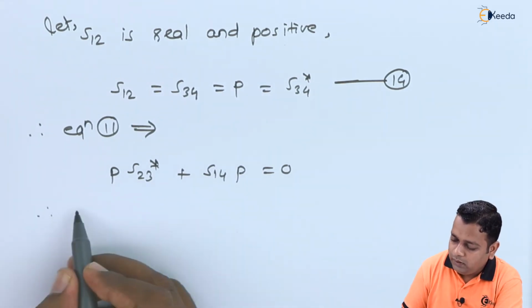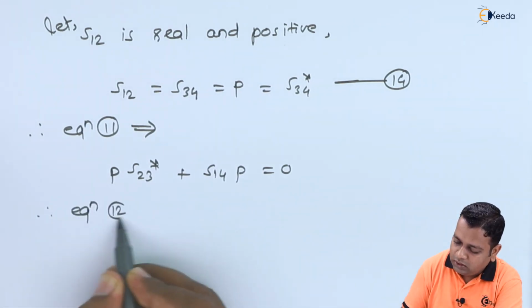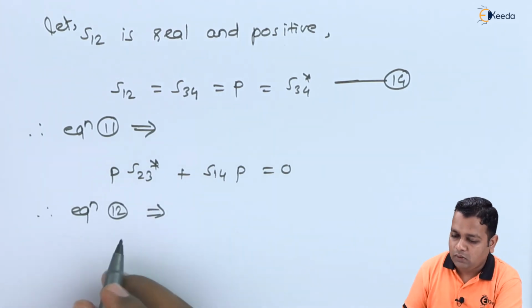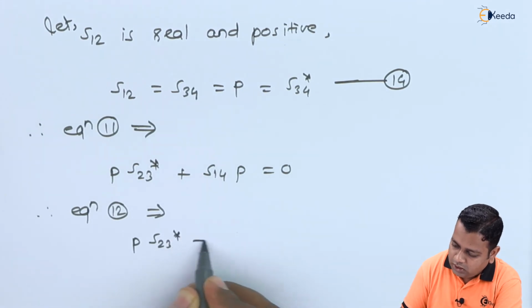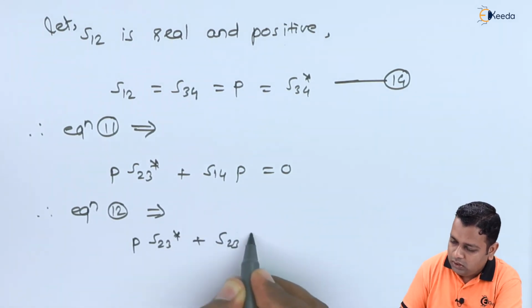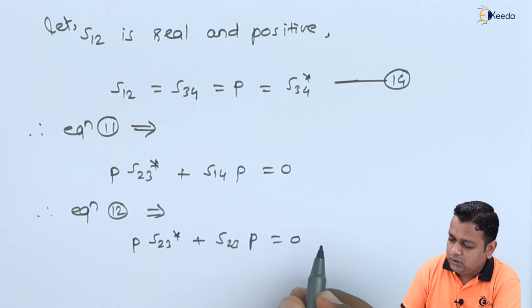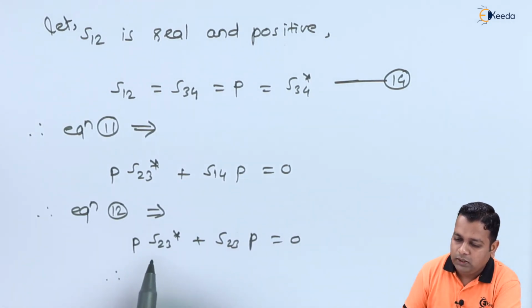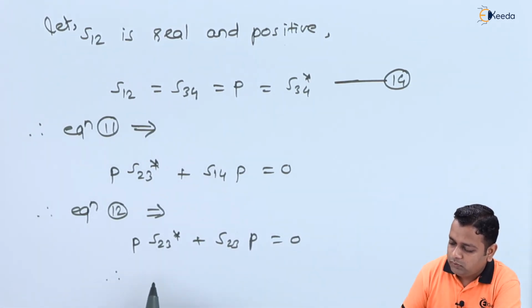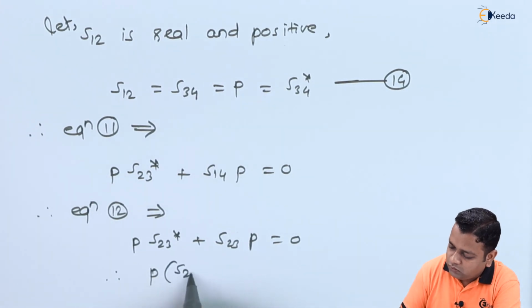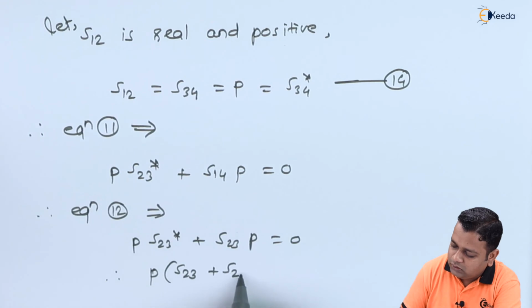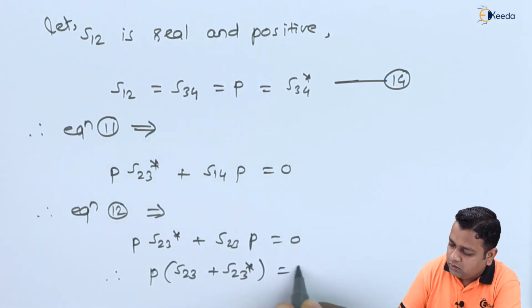So therefore, using equation number 12, we have p into S23 conjugate added to S23 into p is equal to 0. So we can take p common from the left hand side. So p in the bracket we have S23 added to S23 conjugate. This is equal to 0.